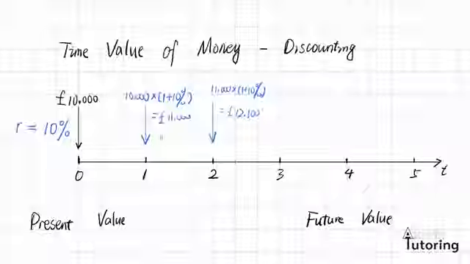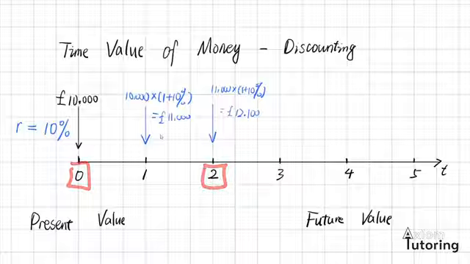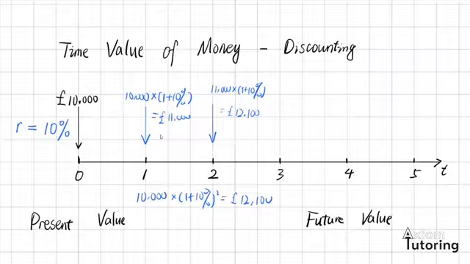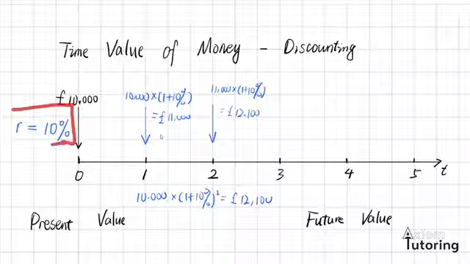We can also go from year 0 to year 2 by simply writing 10,000 times 1 plus 10% to the power of 2, which gives us 12,100, which is the same result. So we're assuming we're getting the same, constant interest rate throughout the years.